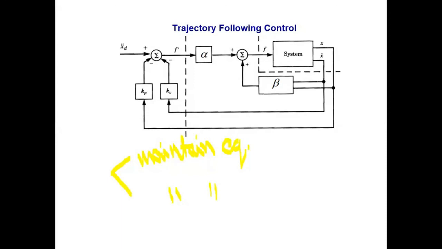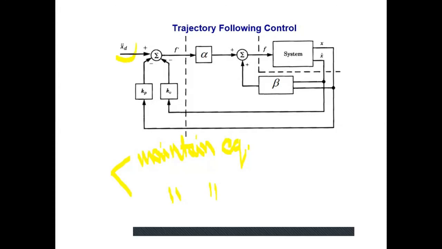The acceleration information of the prescribed trajectory is applied over here. The position information of the trajectory is applied at this place to compare with the measured position of the robot. And the velocity of the prescribed trajectory is compared with the velocity of the actual trajectory, and an error signal is generated.